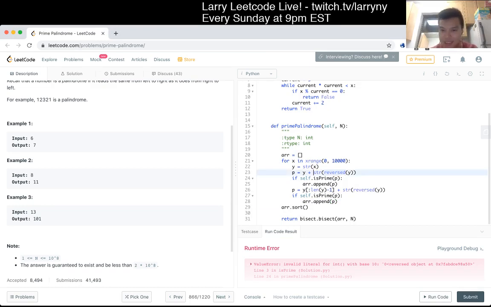Actually, someone taught me this trick before. I forget what it is. Something like this. I was not thinking about it, but now maybe it's helpful.